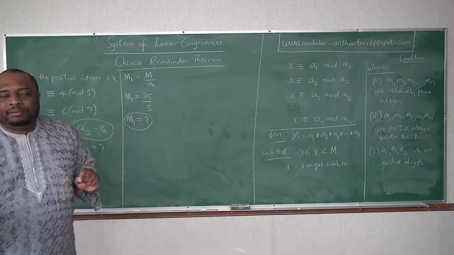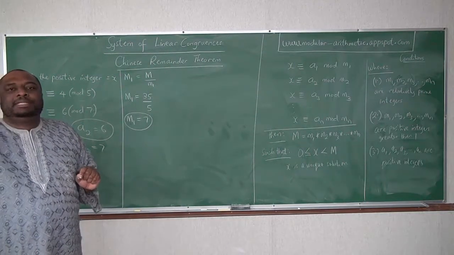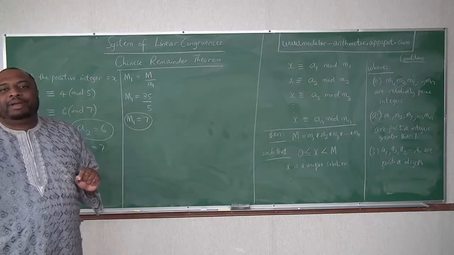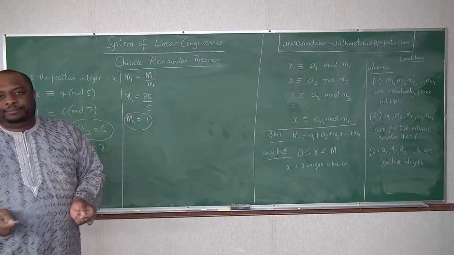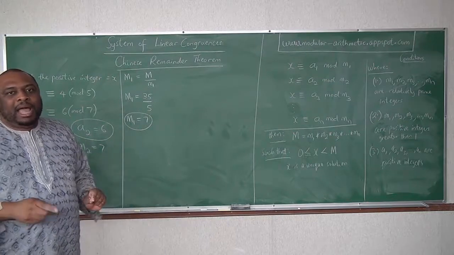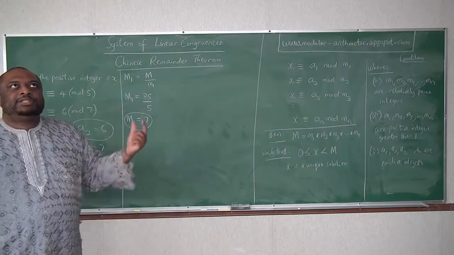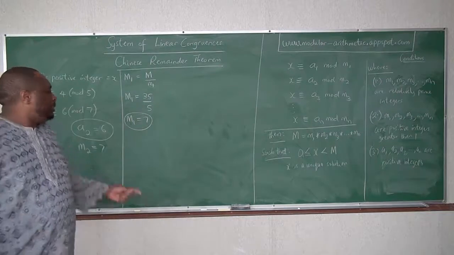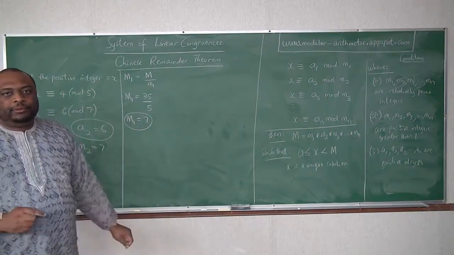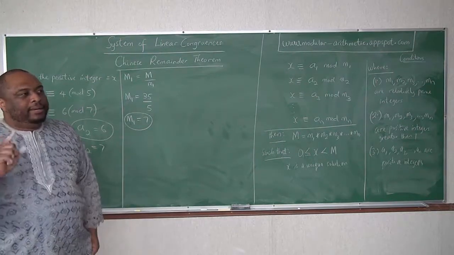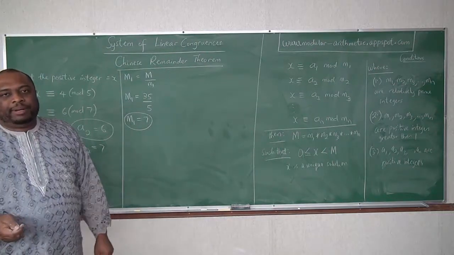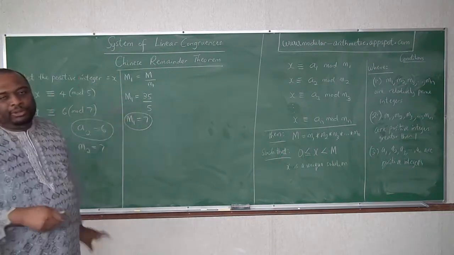When you have a set of 3 linear congruences, a set of 4 or 5 linear congruences, you have to be careful if you do that. So I will encourage you to do it like I'm doing it. For just 2 linear congruences, that is fine. But we shall do 3 linear congruences and you will see what I'm talking about. It's good you just do it like I'm doing it.